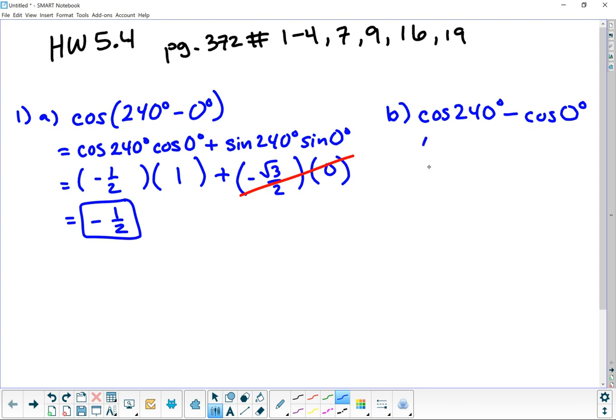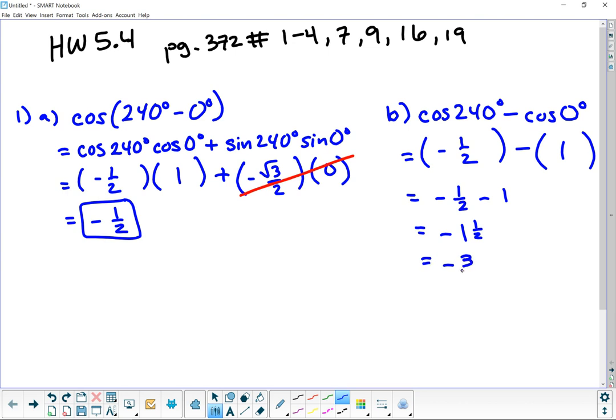So B is its own thing, but if you were to use the distributive property, you would get something like this. Cosine of 240 is equal to negative 1/2, minus the cosine of 0 degrees, and cosine of 0 degrees is 1. So we would end up with negative 1/2 minus 1, which comes out to be negative 1 and 1/2, which is negative 3/2.